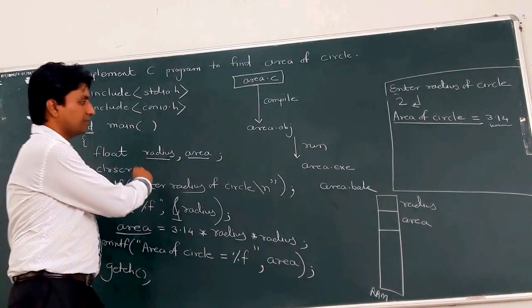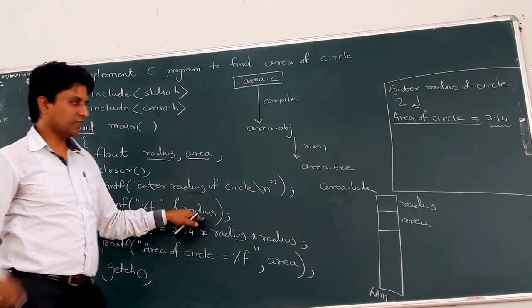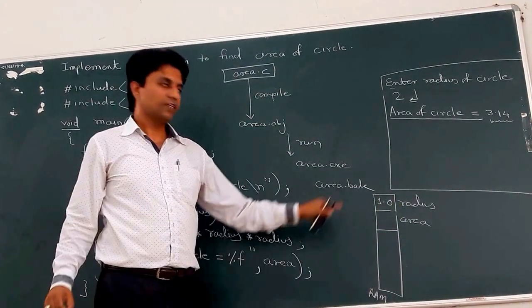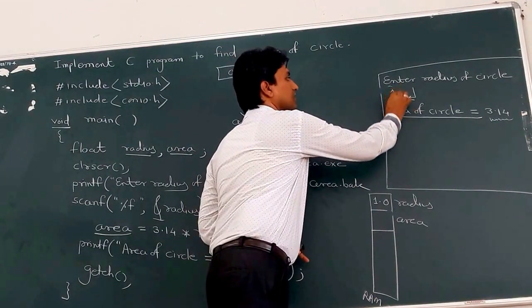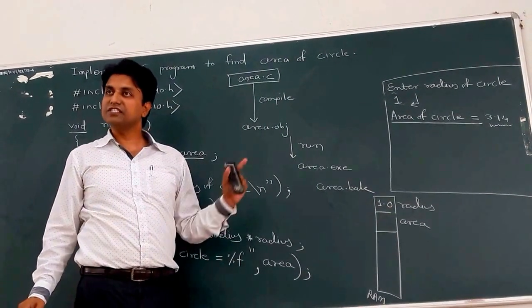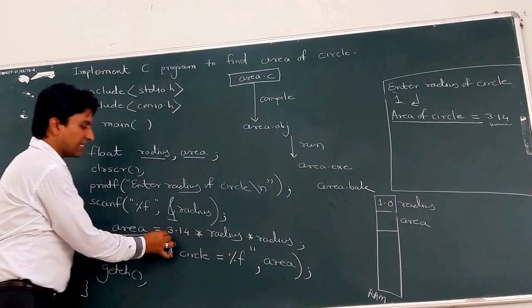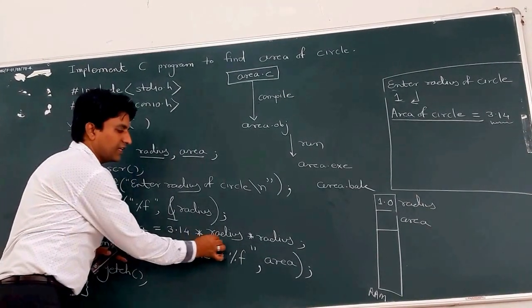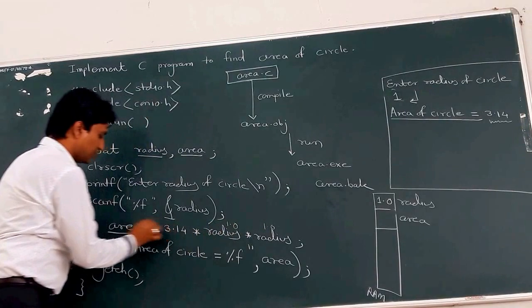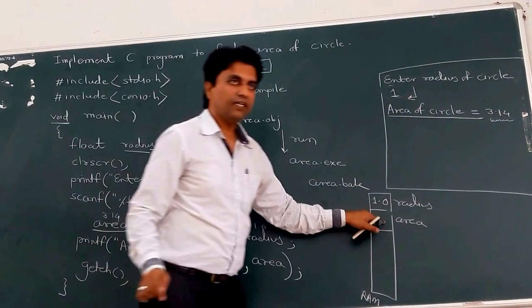Next, when the user enters, suppose radius is 1, it is stored as 1.0. Suppose the user enters 1 and presses enter, then 1 is stored in the format of 1.0 floating point. Then area is calculated as 3.14 into radius into radius. Radius is 1.0, so area is 3.14, and this value is stored in the RAM.